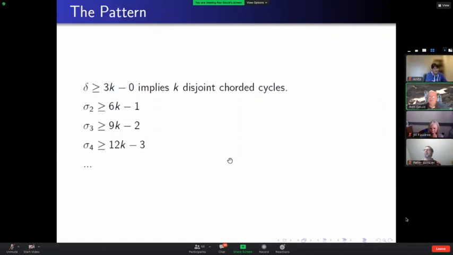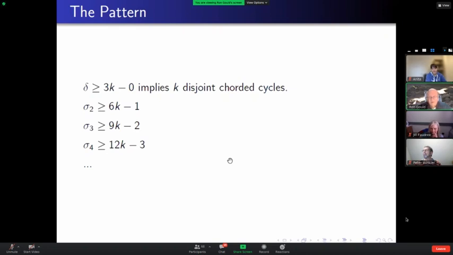All right, so we got a little bit of a pattern going here. With the minimum degree from Finkel's theorem, 3k implied k disjoint chorded cycles. Then we saw sigma 2 was at least 6k minus 1 to get k disjoint chorded cycles. Sigma 3, 9k minus 2. From there, you should guess that sigma 4, 12k minus 3, and that's true.